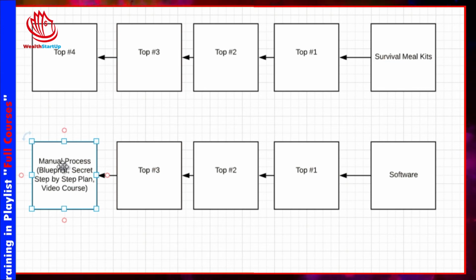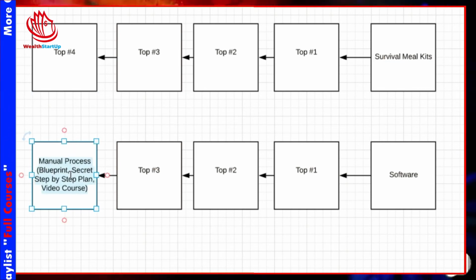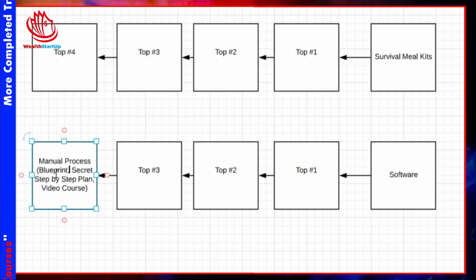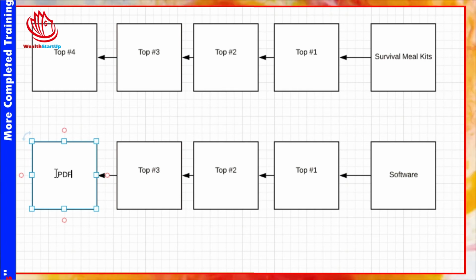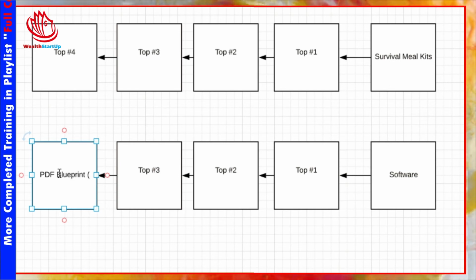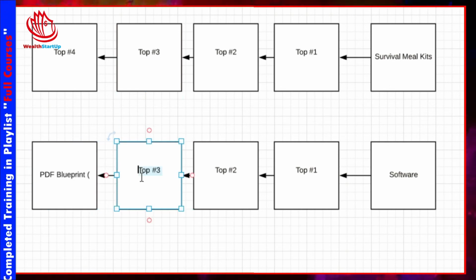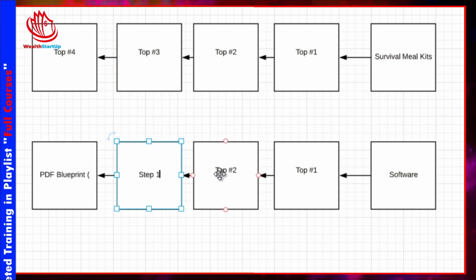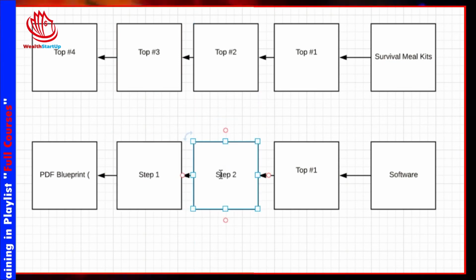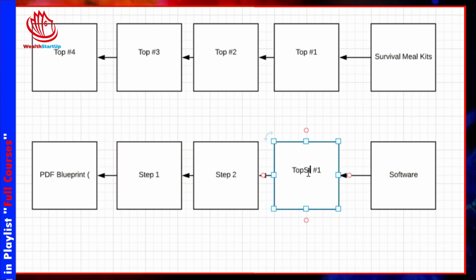If this is a blueprint, what I would do is a PDF blueprint. And then you say, in the coming days or weeks, I'm going to show you step by step how to set things up. So we'll say step 1, step 2, and then step 3.